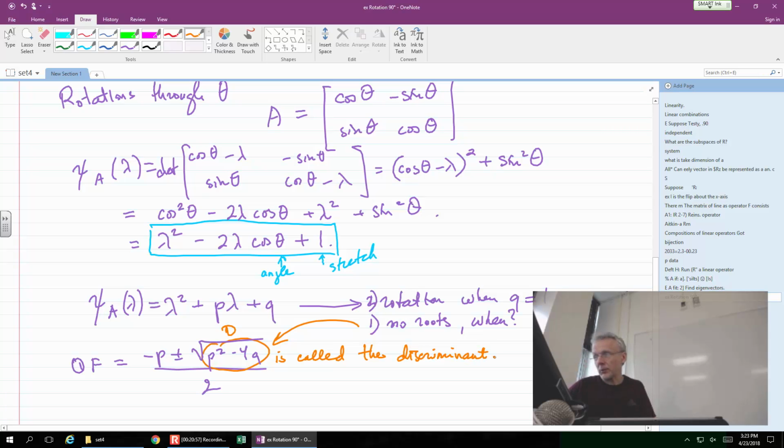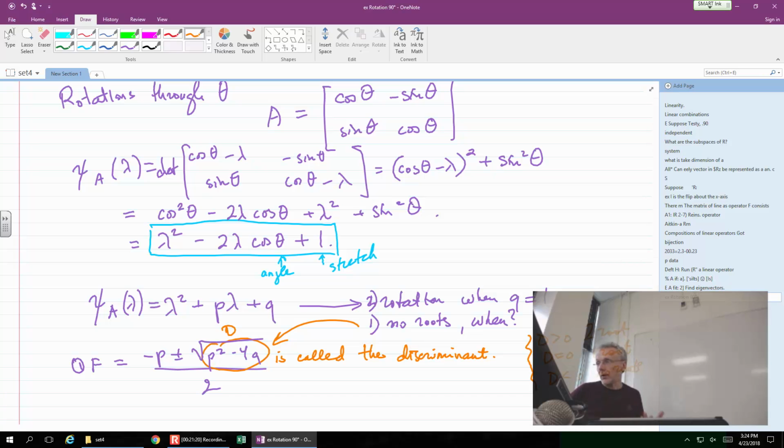It discriminates between these two major cases, whether there are no roots. So D positive, 2 roots; D equal to 0, 1 root; and D less than 0, no roots. Okay.